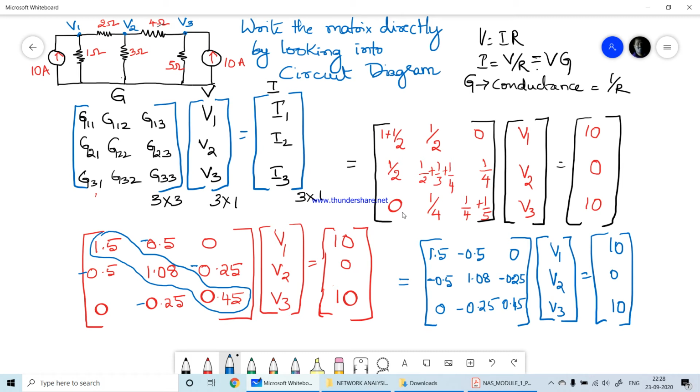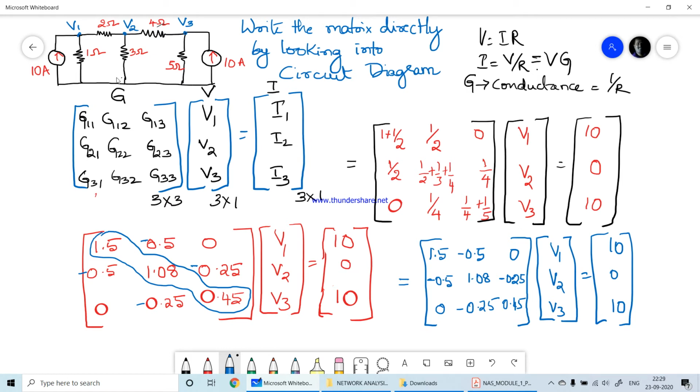Then between 3 and 1 again we have 0, between 3 and 2 again we have 1 over 4, and for node 3, 4 and 5 ohms are connected, therefore 1 over 4 plus 1 over 5. And this is multiplied by V1, V2, V3 because we have 3 voltage nodes, and then we have currents at each node. We take the current positive when it flows towards the node, and negative in the matrix when it is away from the node.